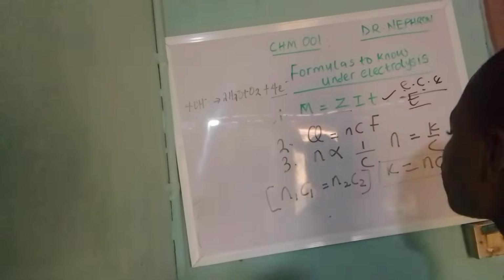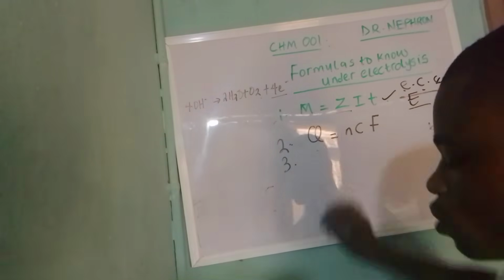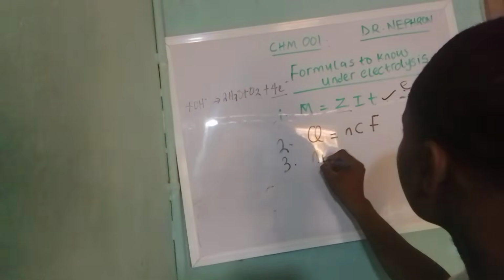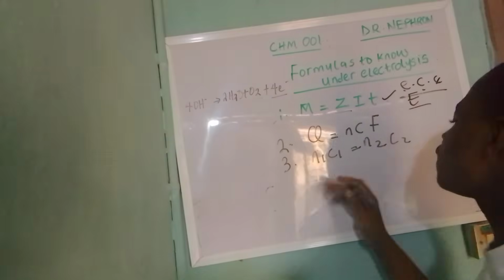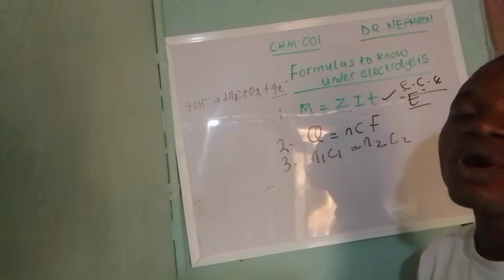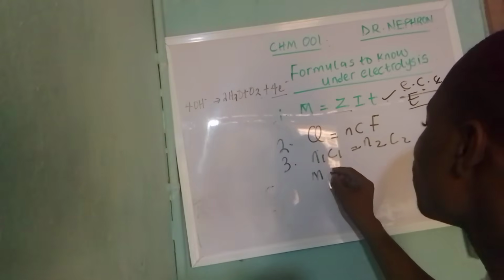So from this equation, N1 C1 equal to N2 C2, do not forget that my number of mole can be mass over molar mass.